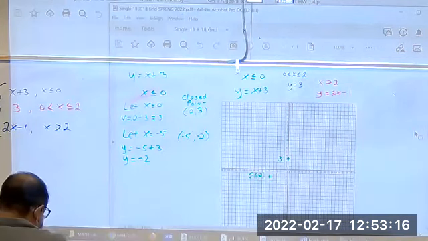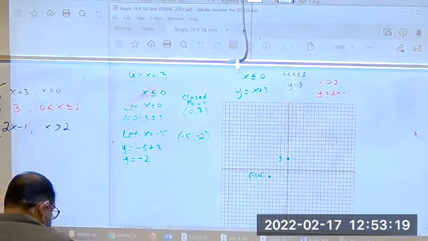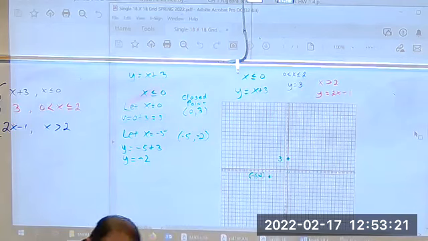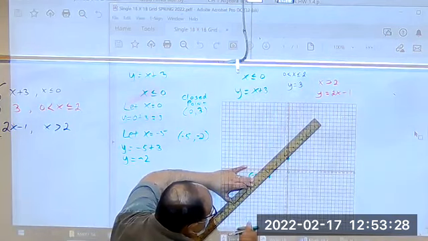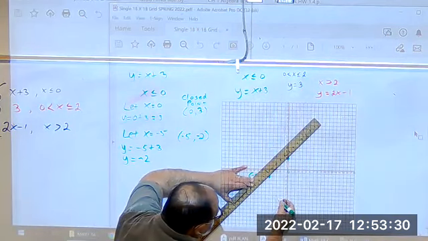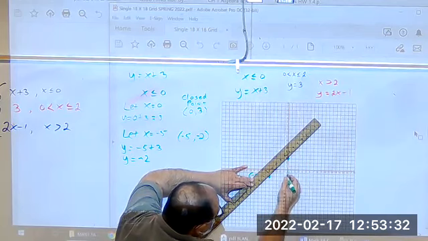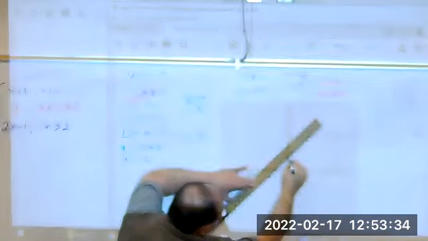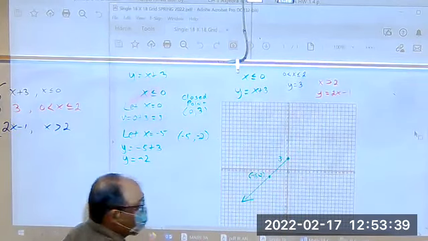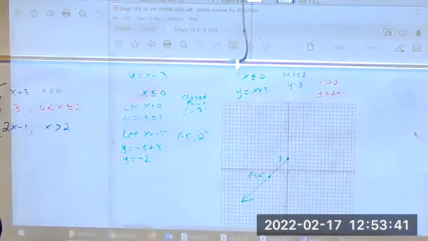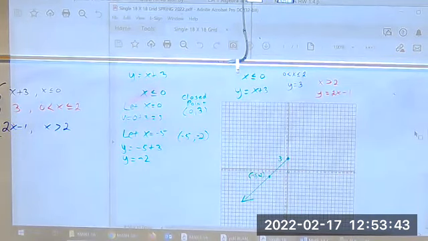So the first part of our graph: connect these two because it is a linear graph, and you just go this way only. Make sure you put an arrow because it will go forever to the left. Okay? So that's the left house.